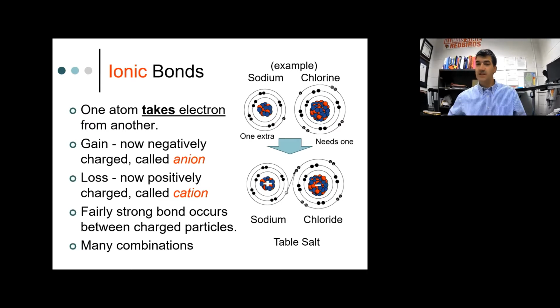Any element that would like to give up one or more of its valence electrons, so any element in those first 2 columns of the table, would be happy to give up some electrons, and any elements in the last couple of columns, except the very last column in the periodic table, would be happy to take one or more electrons to fill up their valence electron shell. So there's lots and lots of different combinations of ionic bonds.